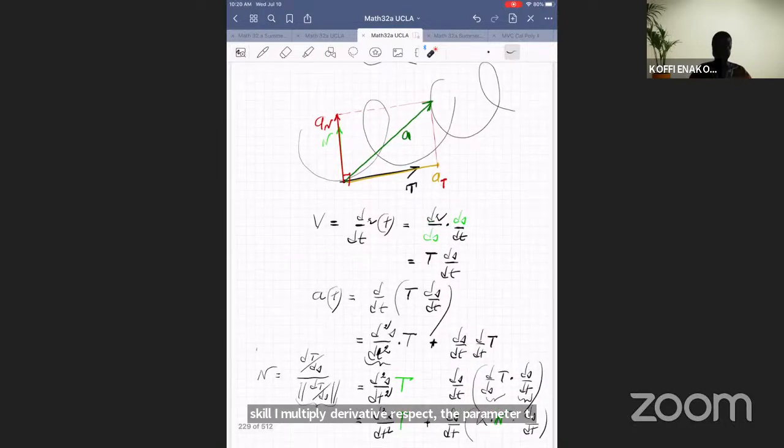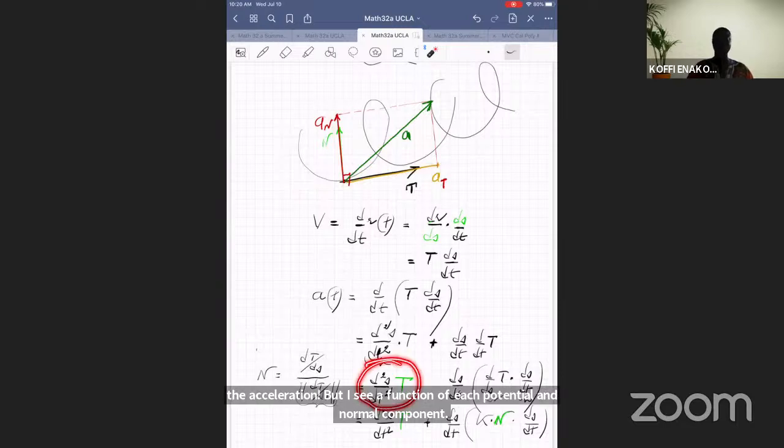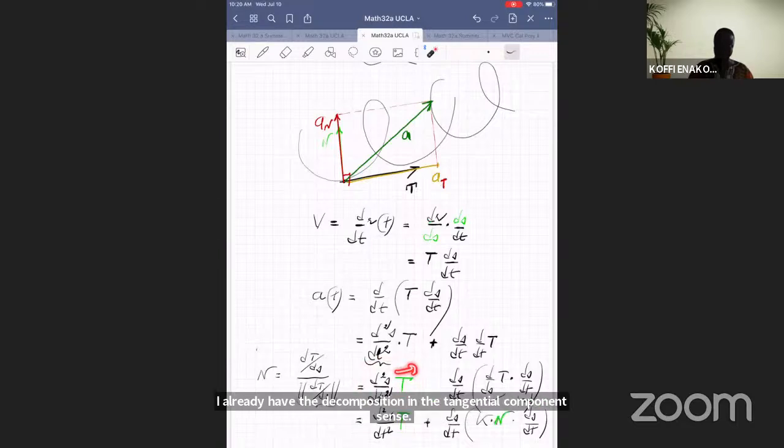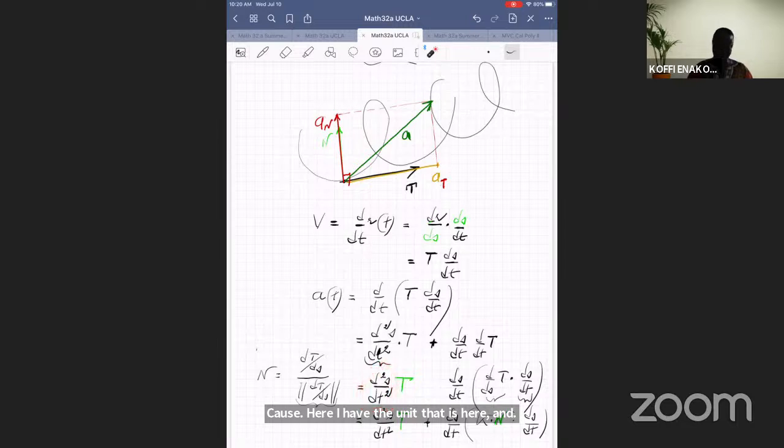All right. Now I start to have interesting information, because my objective is to find the decomposition of the acceleration vector as a function of its tangential and normal component. I already have the decomposition in the tangential component sense, because here I have the unit tangent T, and the component with respect to T would then be the second derivative with respect to t of s.